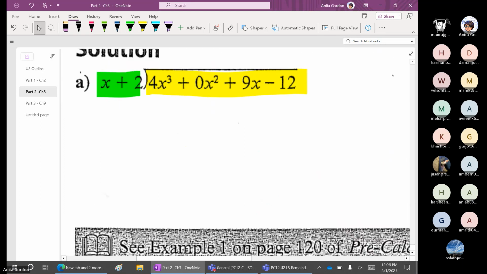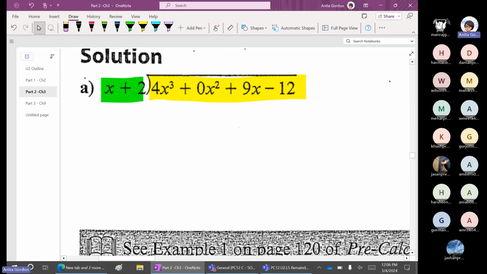Now, zoom in here, and my handwriting is not very good on this tablet, so I apologize. I'm going to run out of room, but hopefully you guys have enough room on paper. When we do long division, we start using the same method that we did when we divide a polynomial with a monomial. I'm going to focus on the first term and let the second term worry about itself as we go. So I'm going to pretend that I'm taking 4x cubed and dividing it by x. What would the quotient be? 4x squared.